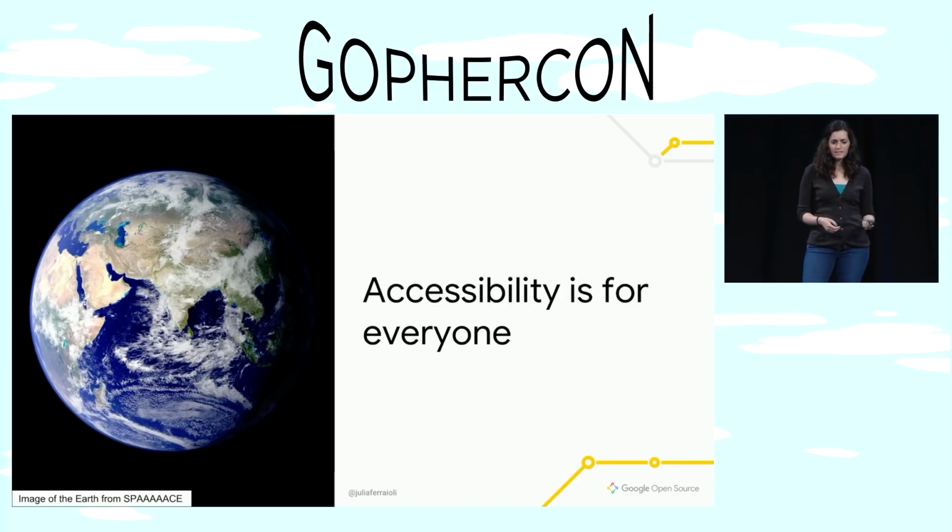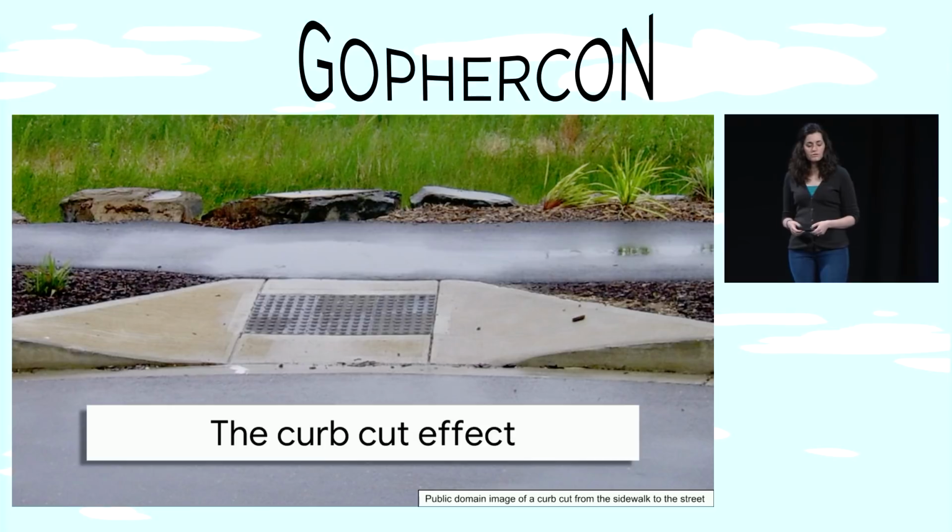And finally, accessibility helps everyone, especially on an open source project, especially on a team that has a large code base. There's something called the curb cut effect. This is a pretty well-known phenomenon.